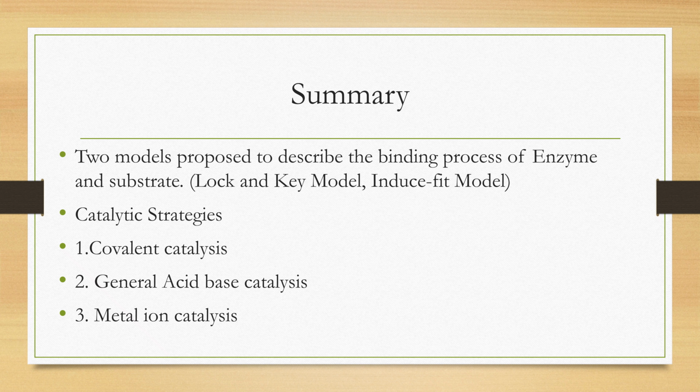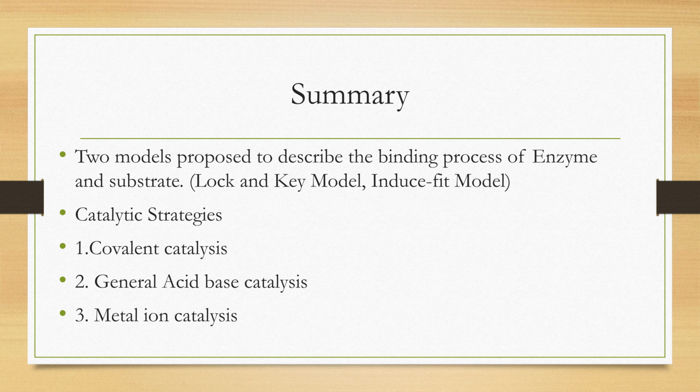Then we saw acid-base catalysis, where at the active site of your enzyme, different amino acids act as acid and base to stabilize your transition state so that it can be broken down to your product. Then we saw metal ion catalysis, in which ions help to orient your substrate properly, like in enolase, where Mg2+ helped to orient 2-phosphoglycerate properly.